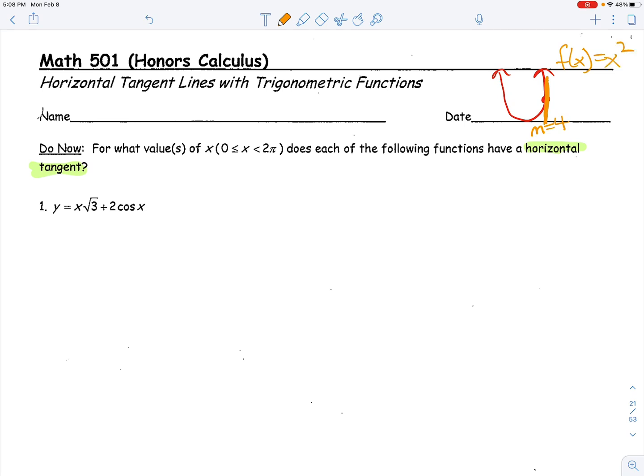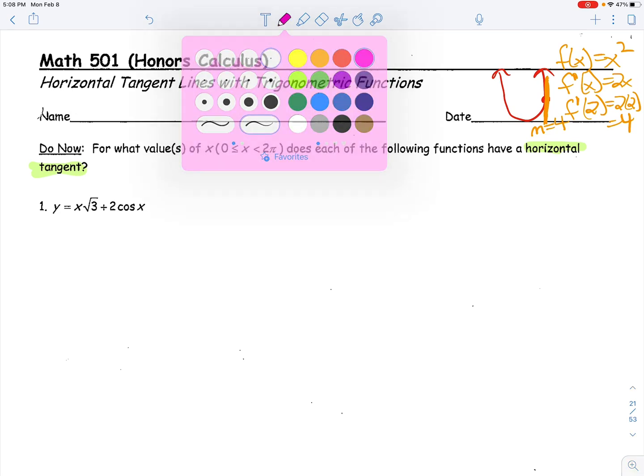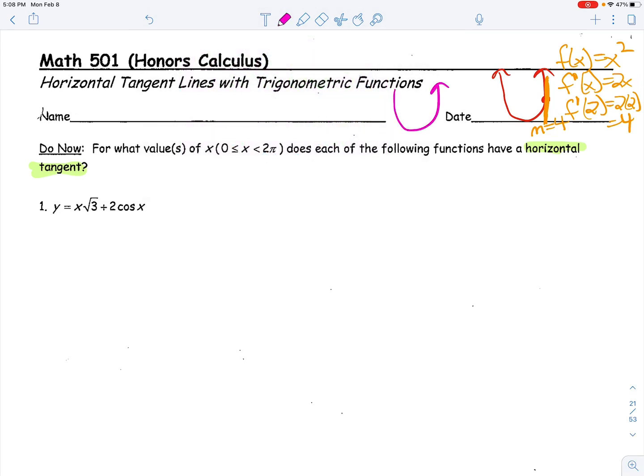So I'm going to say it's like 4. I'm just making this up. If I say that this is x squared, f of x equals x squared, f prime of x, or dy dx, is 2x. And let's say it was 2. And f prime of 2 would be 2 times 2, 4, is the slope of the tangent line.